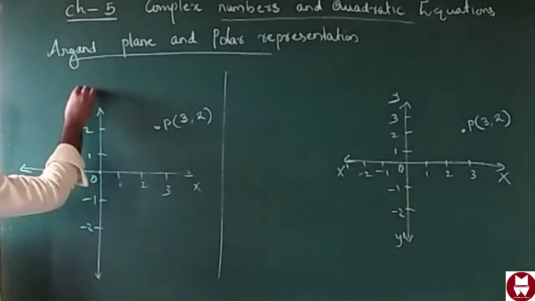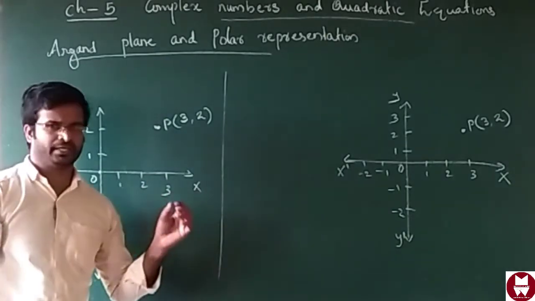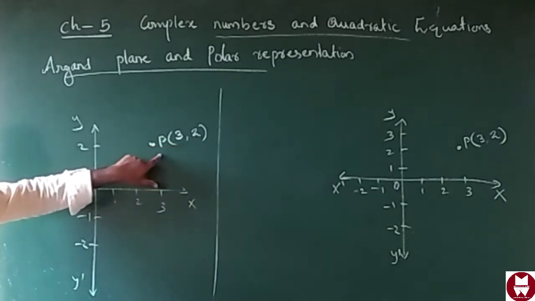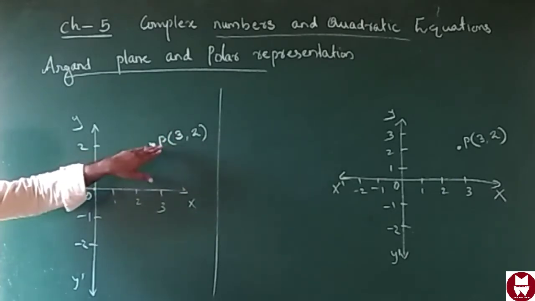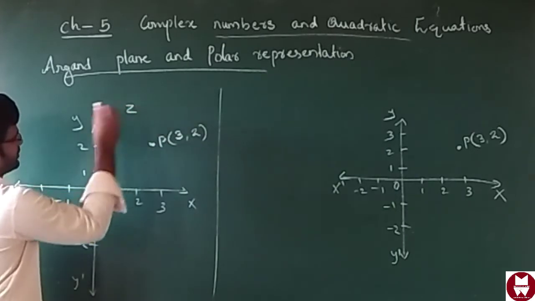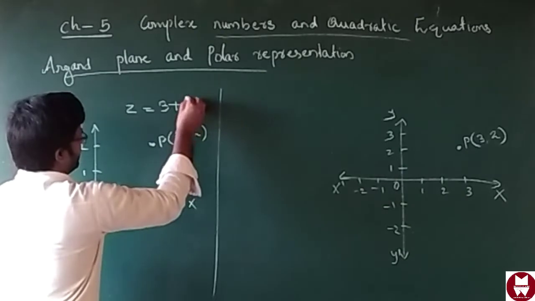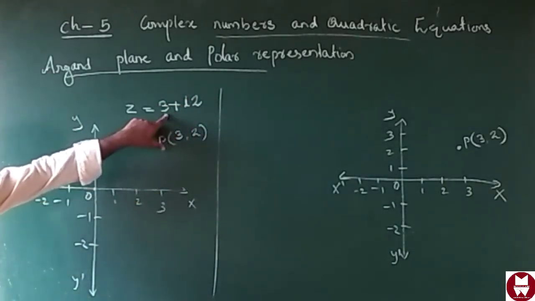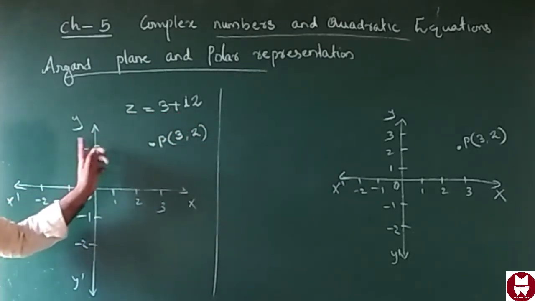In the Argand plane, I have already marked one point P, whose coordinates are 3, 2. With P, we can write a related complex number z equal to 3 plus i2. This 3 means the coordinate on the x axis, 2 means the coordinate on the y axis.